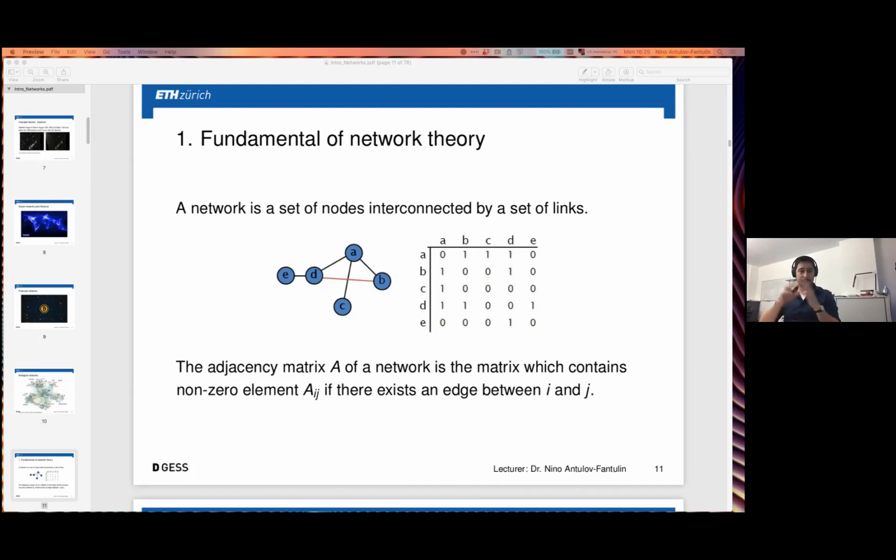Then you would have a square matrix A, and you could use the tools of linear algebra, or for example from spectral graph theory, to analyze this type of object. This is the reason why it's important that we start with a description that already has a certain mathematical power in it, the machinery that we can use.